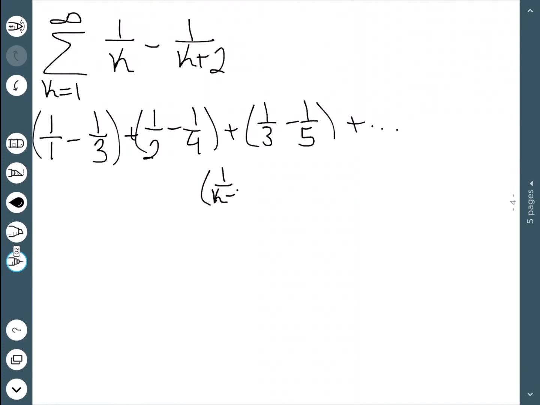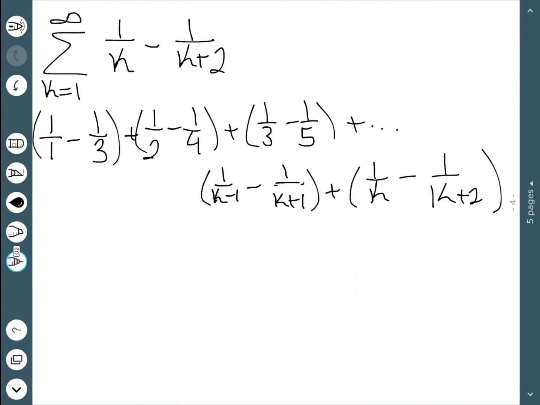A 1 over k minus 1 minus 1 over k plus 1, and then plus 1 over k minus 1 over k plus 2.